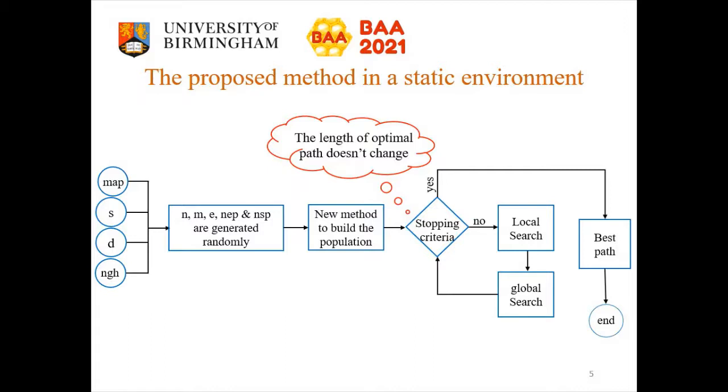Next, a new method to build the initial population. After that, the main loop of the Bees algorithm is repeated through local search and global search until the length of the optimal path doesn't change over a number of iterations. Finally, the best path is returned.